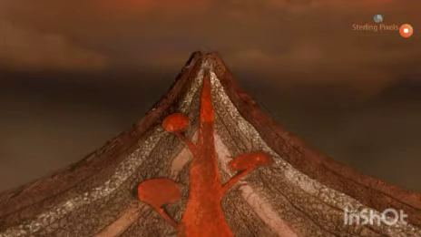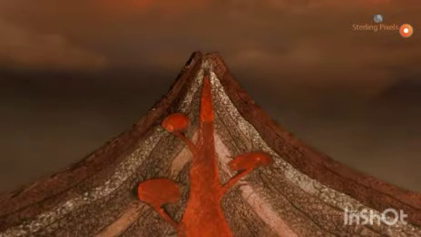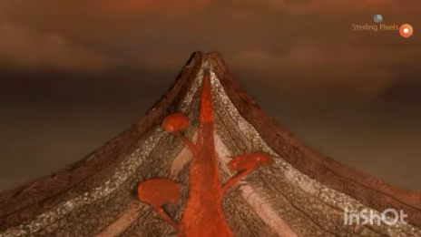Its path is blocked and it solidifies. So, it starts cooling down and solidifying after a volcanic eruption. As you saw in extrusive rocks, they had solidified due to the external conditions.